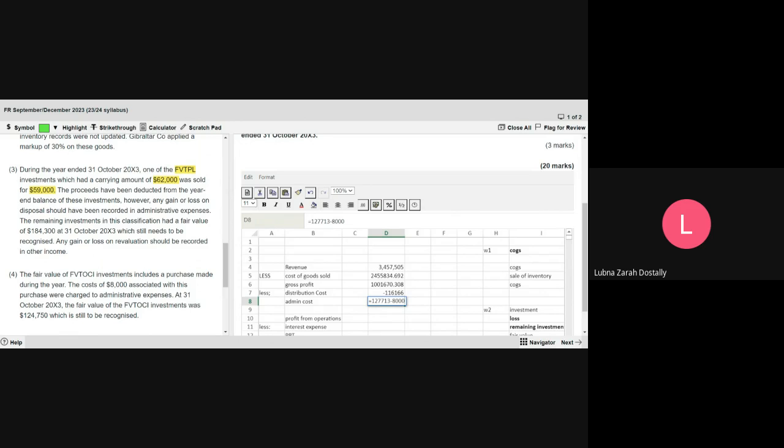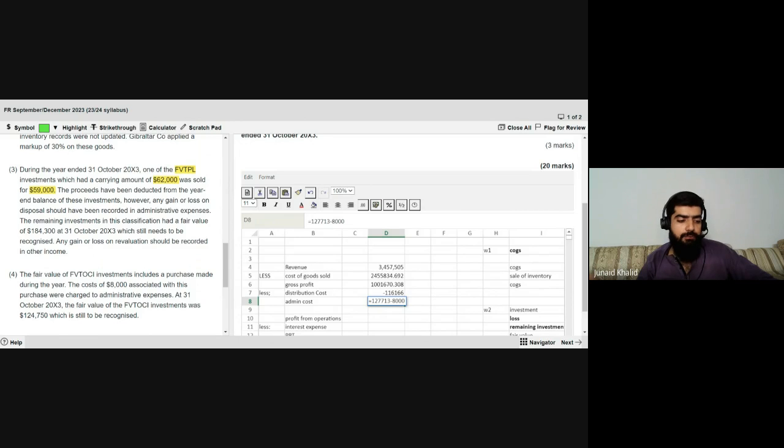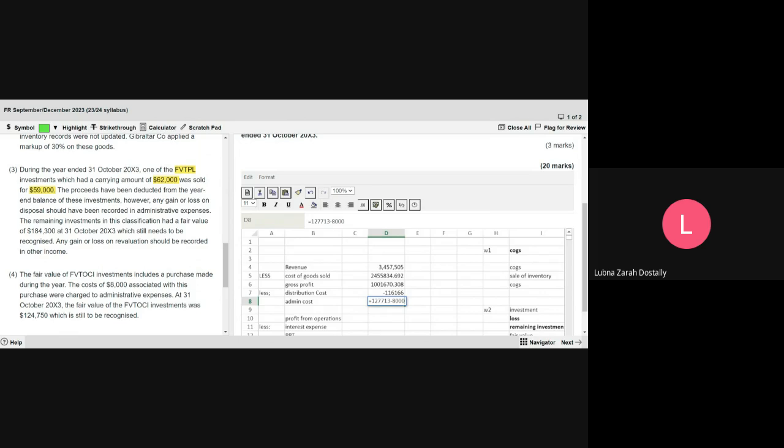Is there anything else related to the admin expenses? Read paragraph number 3. Yes, the disposal. However, the loss which has been created has been recorded as administrative expense.